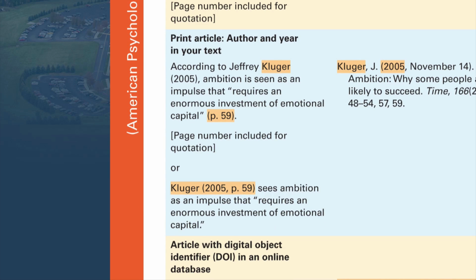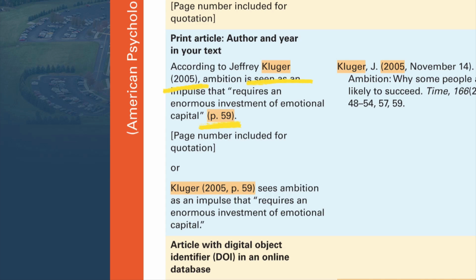In the next example, it says print article, author, and year in your text. This is a third way that you can write a citation. And these are really your preference, your style, whatever you like as you put your paper together. In this case, the author's name and the page number are given along with the year, but you see there's a different order of things.